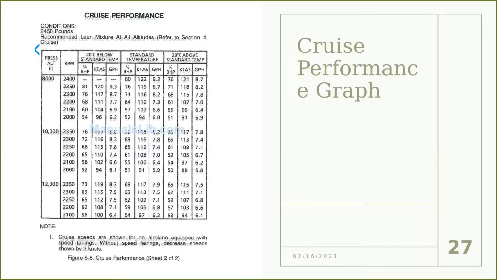So we've got a problem though. Our cruise performance has 20 below standard, which is -1, and 20 above. Well, we're 10 degrees above standard temperature right now. So we're going to have to split the difference between these two columns. So if we go 8,000 feet, we're going to go at 2,300 RPM. Coming over to true airspeed under standard temperature, it's 116. Above temperature, it's 115. Not a big change, guys.